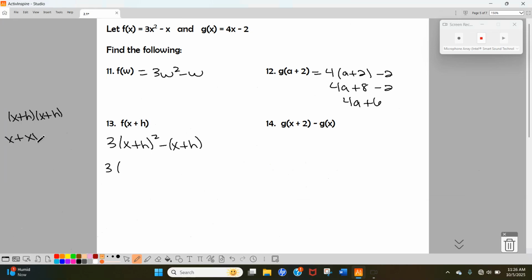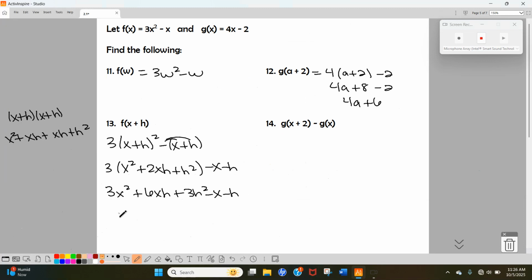So do all of the distributing and combining like terms, and you have x squared plus 2xh plus h squared. And then distribute this negative, so minus x minus h. So then 3x squared plus 6xh plus 3h squared minus x minus h. And if you had like terms, combine them, but we don't.